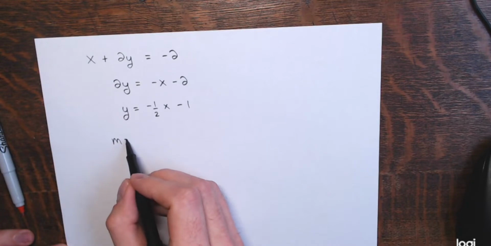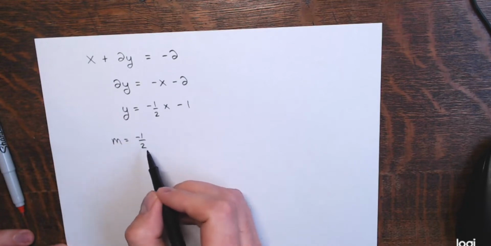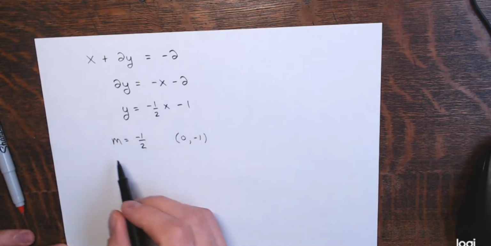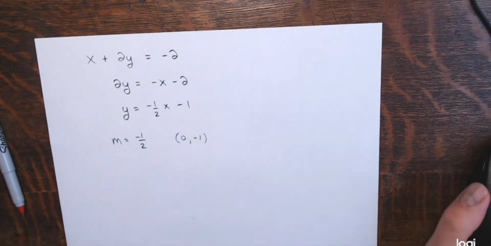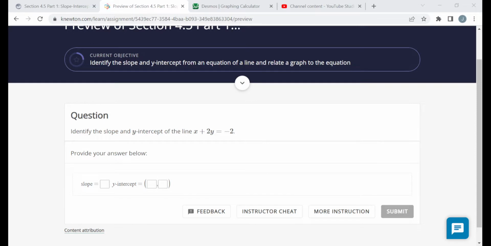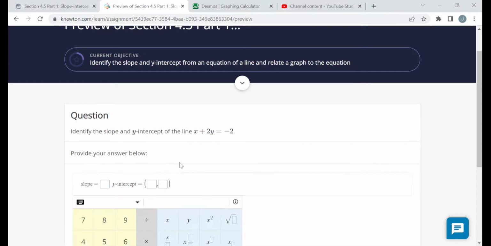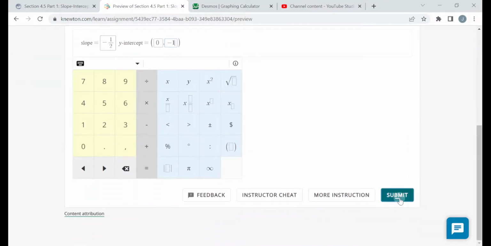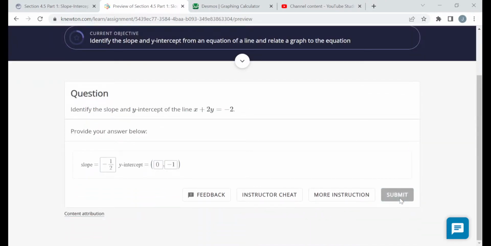So the slope is -1/2, and the y-intercept would be (0, -1). And that's all I'm entering. So slope, -1/2, and the y-intercept, x-coordinate 0 always for the y-intercept, y-coordinate -1. And it really should be that quick.